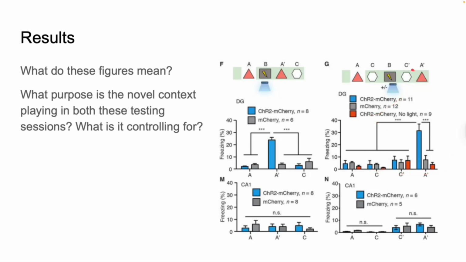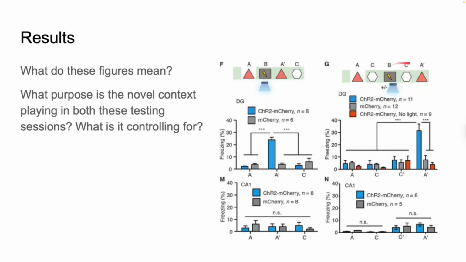So what we're really looking for, right, exactly, salience, got it. We're looking to make sure that this change in freezing wasn't because this is a novel context, but that it's not because C was the first context they were put in right after the pairing. Before, they put them in context A right after the foot shock.